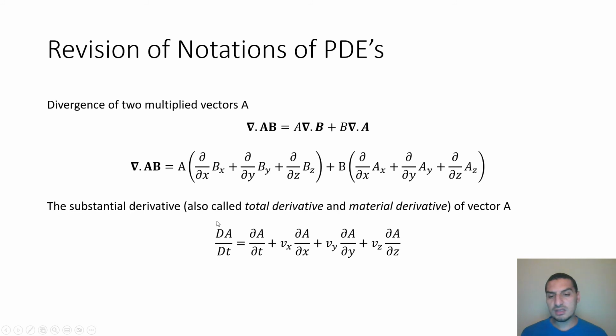This is the total derivative, sometimes called the substantial derivative or material derivative, and it's written as uppercase D A divided by uppercase D t, which is the time derivative of the function, plus the velocity in the x direction multiplied by the gradient in the x direction, plus the velocity in the y direction multiplied by the gradient in the y direction, and the same for the z direction. This is all we need to know about this, at least for now.